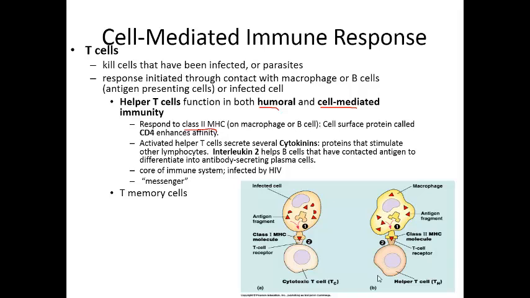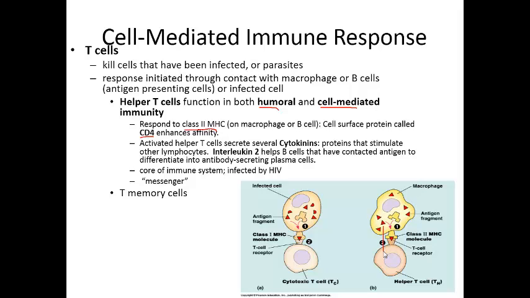There is a protein on the surface of the helper T called the CD4 protein, and that is going to enhance the affinity between these two cells. I think of it working kind of as a vice that holds these two cells together during the process of antigen presentation.